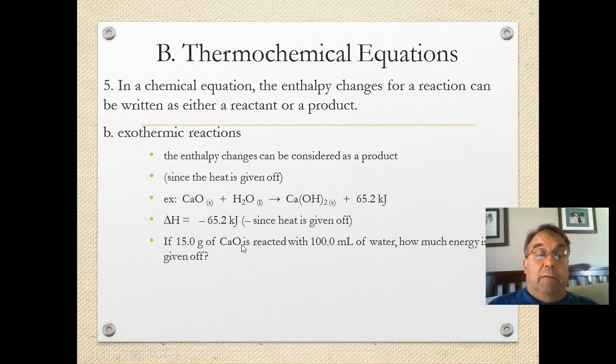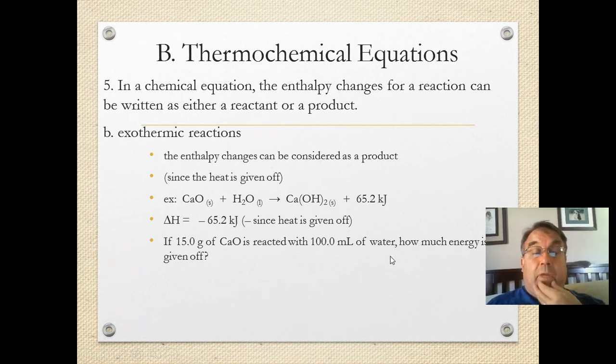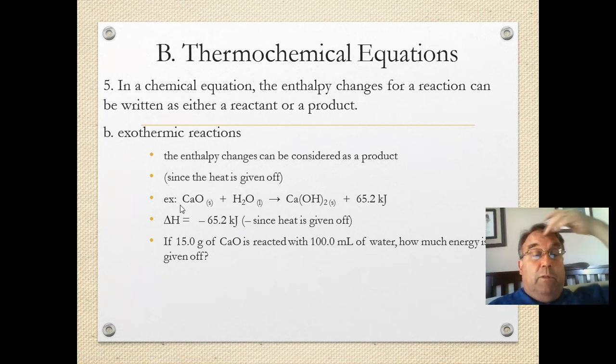So if 15 grams of the calcium oxide reacted with 100 mils of water, how much energy is given off? How do we do that? Oh yeah, this is 65.2 kilojoules per how many moles? There's no coefficient, so we assume it's 1. So it'd be 65.2 kilojoules per mole.